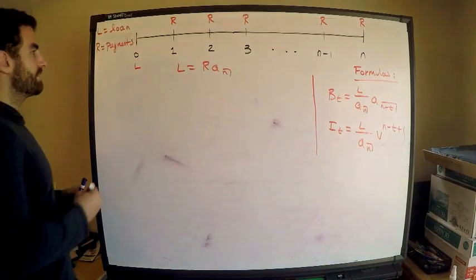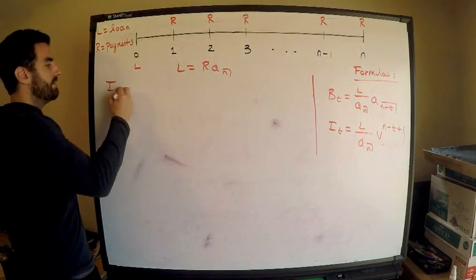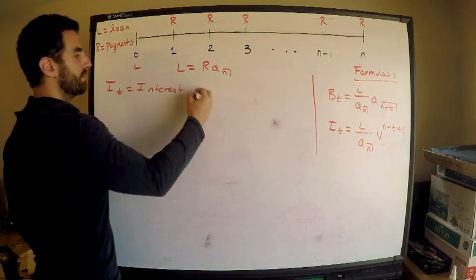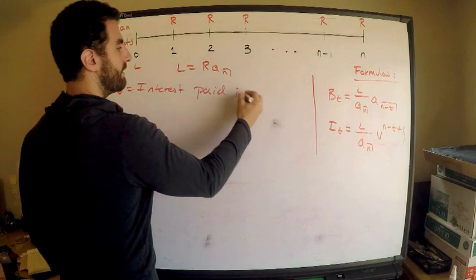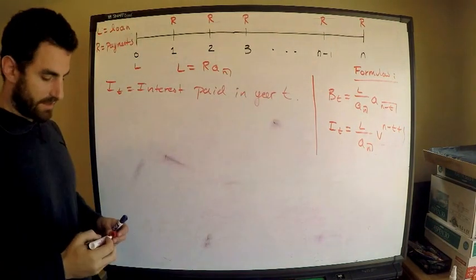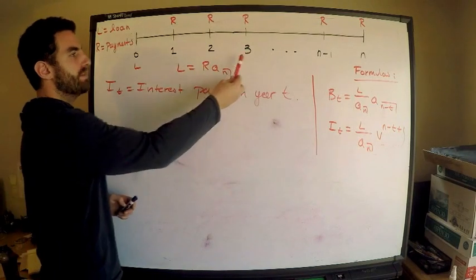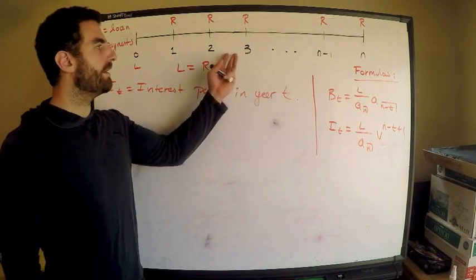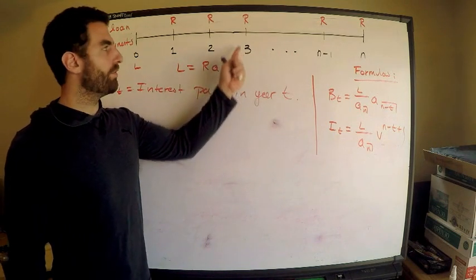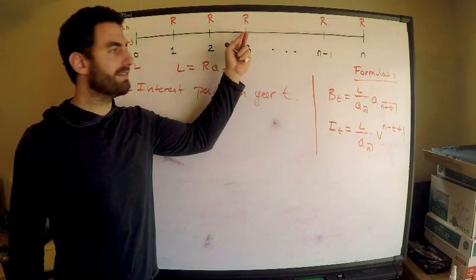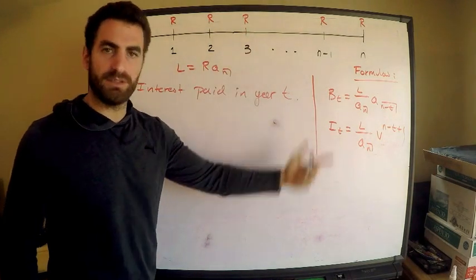So, let I sub T be the interest paid in year T. Think about this for a second. How much interest am I going to pay in year 3? If you think about it, I make a payment of R. If I take the payment and I subtract the principal, that's how much interest I paid.